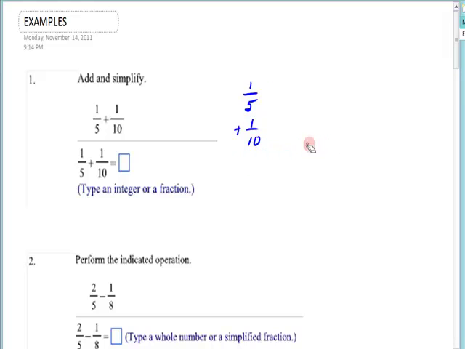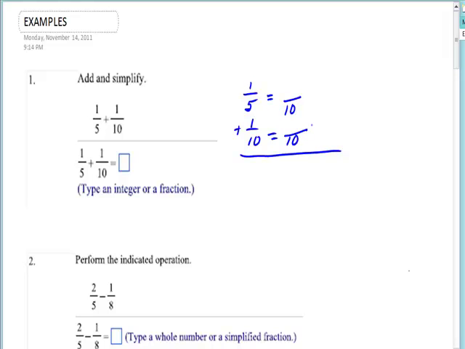What will go into both 5 and 10, what will 5 and 10 both go into? Now I could do my long process, but honestly, I usually look at the larger denominator and ask myself, will it work? 10 of course goes into itself, 5 goes into it also, so I'm going to use 10.